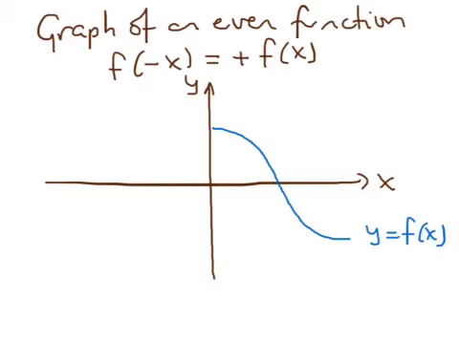Because it's an even function, if I take the value here, it's some value of x, and I then go the same distance here to minus x, I must have the same value for the function. So the function is going to be on this side a mirror image of the function on this side. So I can take the function and rotate it about the y-axis, I just flip it over and I get a perfect mirror image.